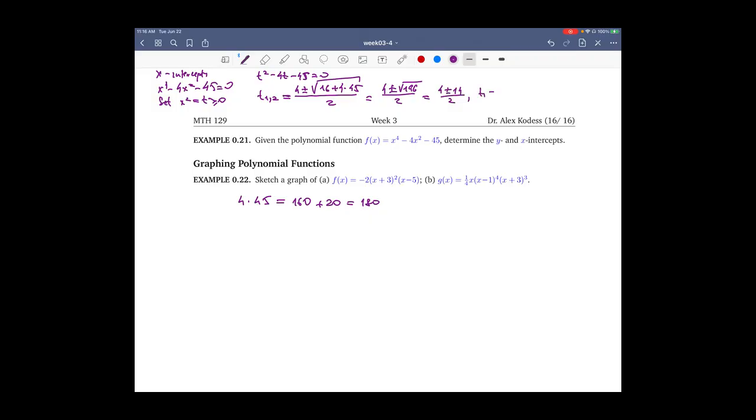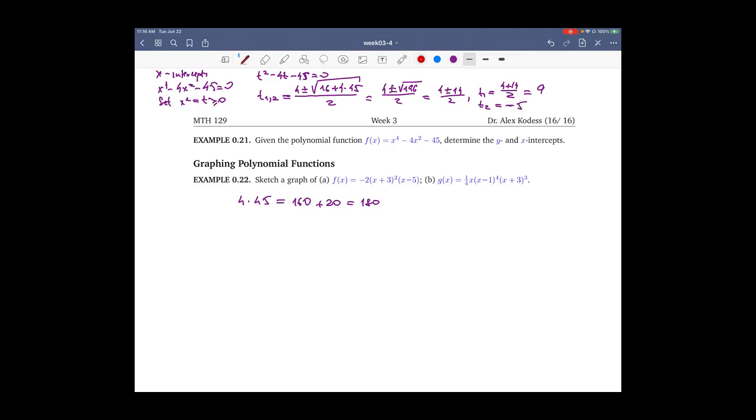So one root is (4 plus 14) over 2, that is 18 over 2, that's 9, and the other root is negative 5.